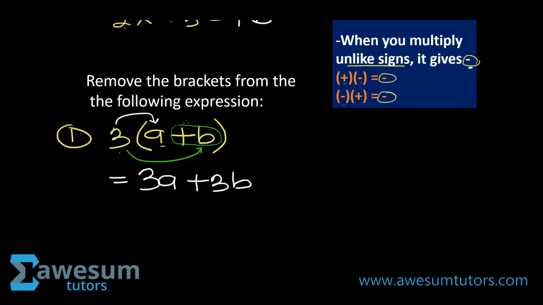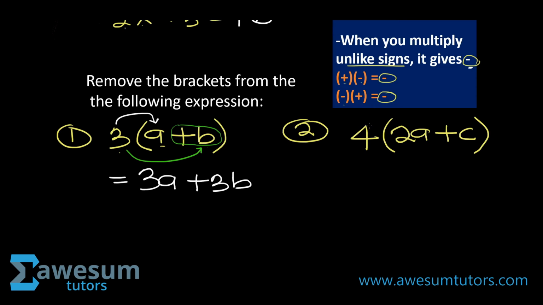If we look at another example right here, 4 bracket 2A plus C, close your bracket. So we are going to do the same thing right here using your distributive property.